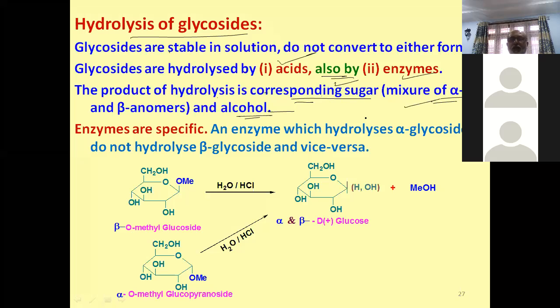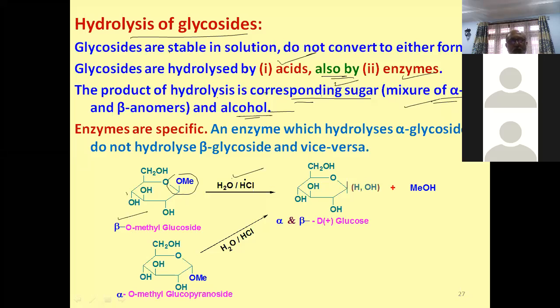Suppose you start with beta O-methyl glucoside. So this is the group which is getting hydrolyzed. You do the mechanism yourself, because this mechanism you have already done in your other classes. Hydrolysis with water in the presence of acid. So what you get?